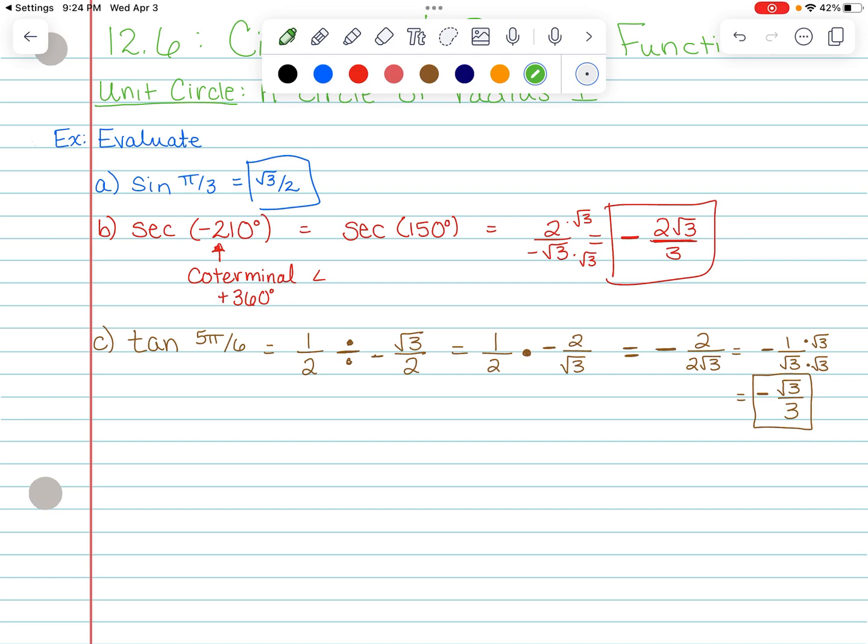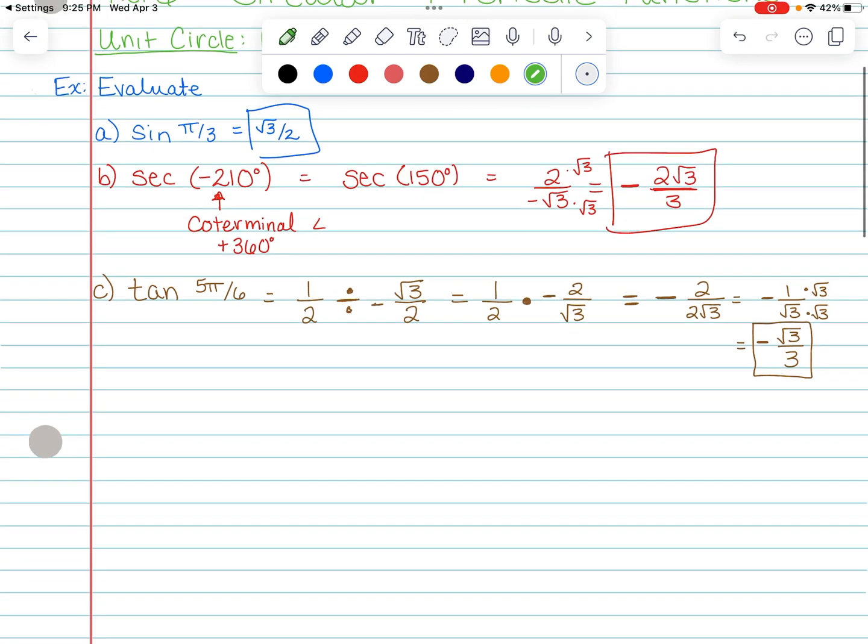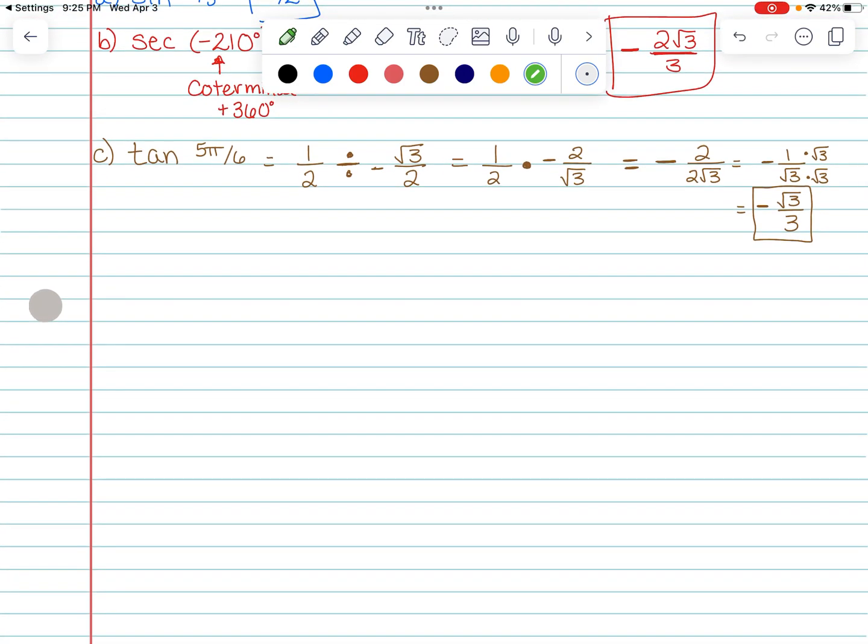If I ask you to evaluate a trig of an angle, finding the exact value of that, you are going to be looking at the unit circle. Some questions are going to look a little different, though.